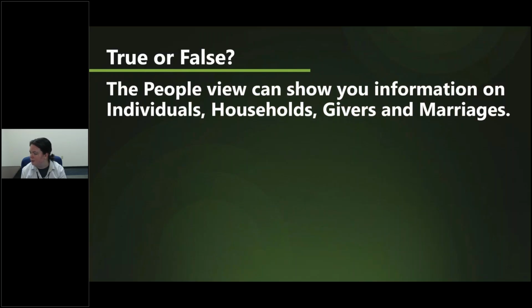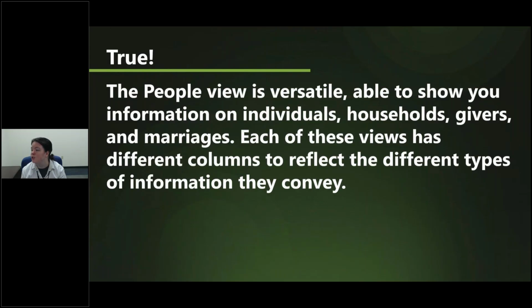Okay, everybody is locked in really quickly, and everybody is answering with one answer, so I'm thinking you guys already knew this one. That answer is true. It has a very versatile view, depending on exactly what information you're looking for. It can all be filtered in the same way, but it would give you different information depending on the columns you have selected and the view you have up.